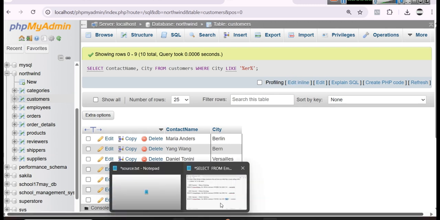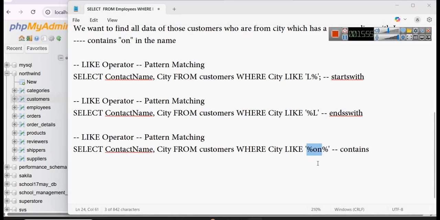Okay. And you are asking how underscore will work. Before that, we were studying the wildcard. Now we are going to study the usage of underscore.